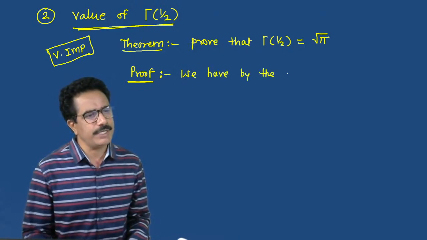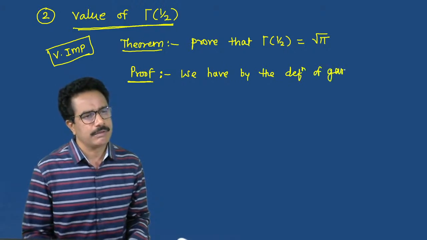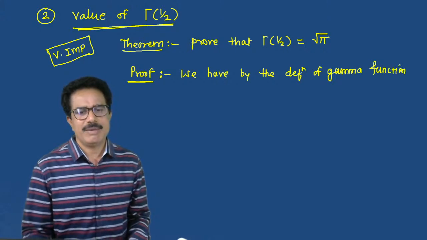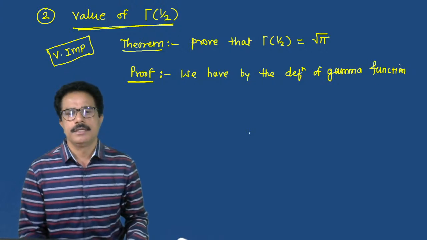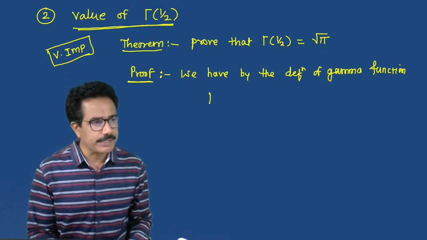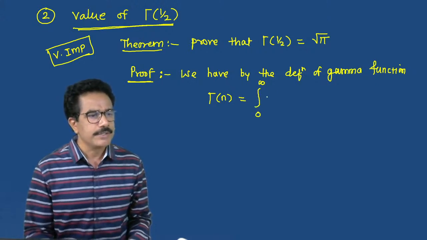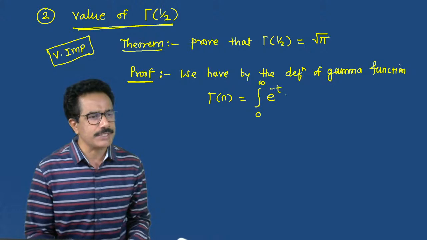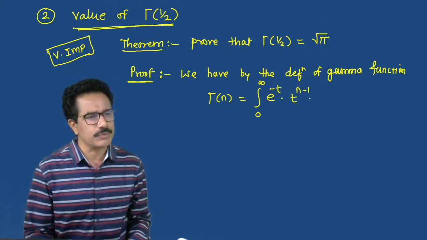By the definition of a gamma function, gamma of n can be written as the integral from 0 to infinity of e raised to minus t into t raised to n minus 1 dt. We shall write this first.